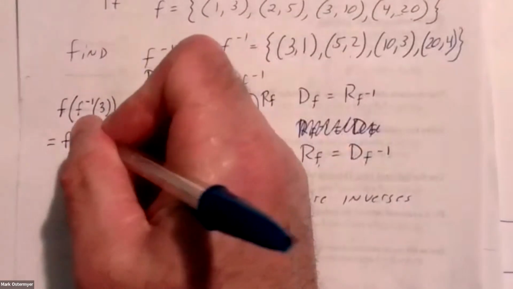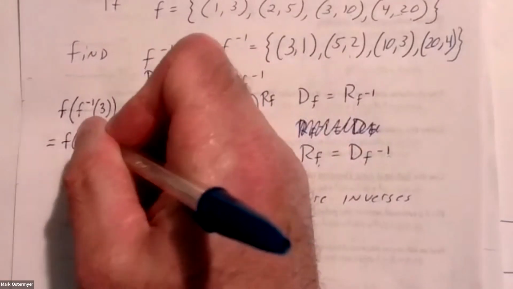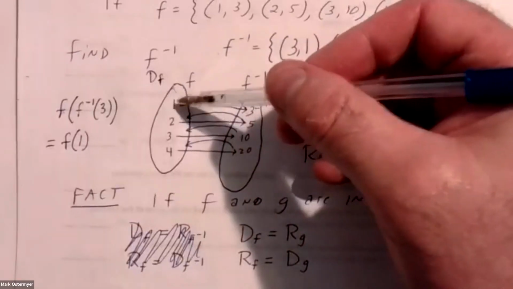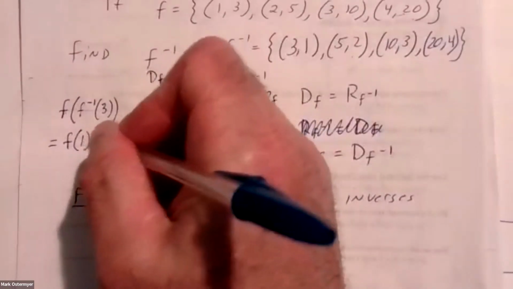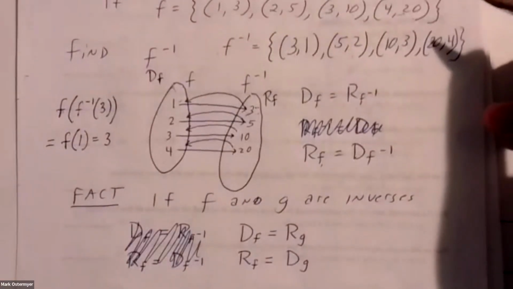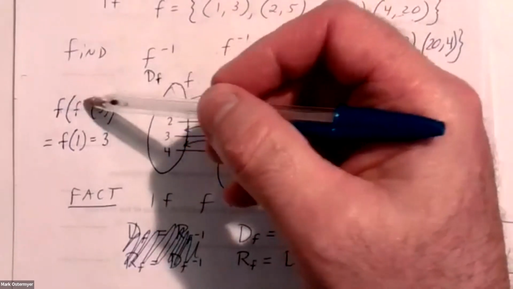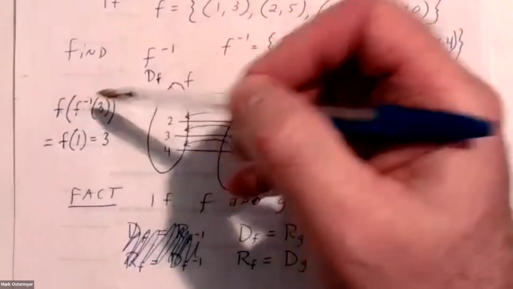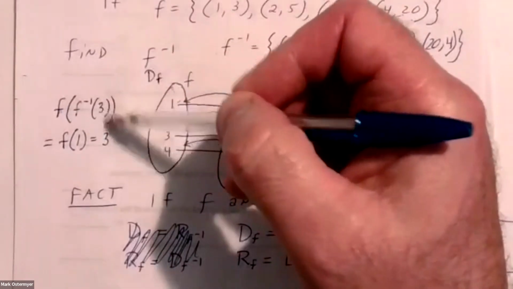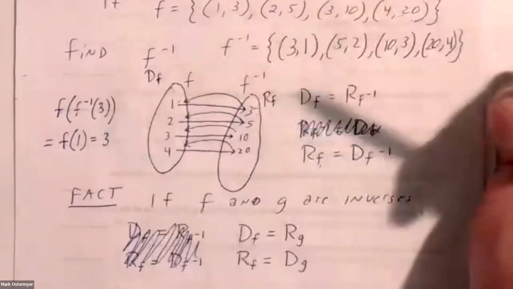So this is f evaluated at what? 1 then. But f takes 1 and maps it back to 3. Interesting thing occurs here, ladies and gentlemen. It's kind of like f and f inverse nullify each other, cancel each other out. And what drops out of this madness is just 3. Pretty interesting, isn't it?